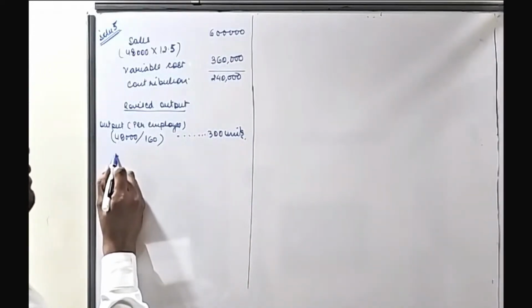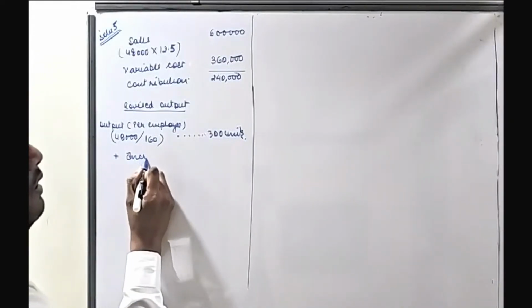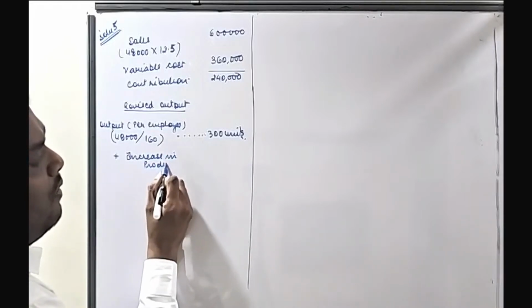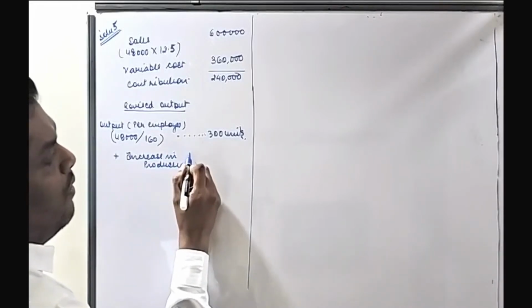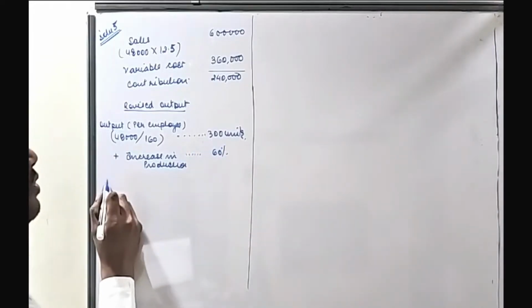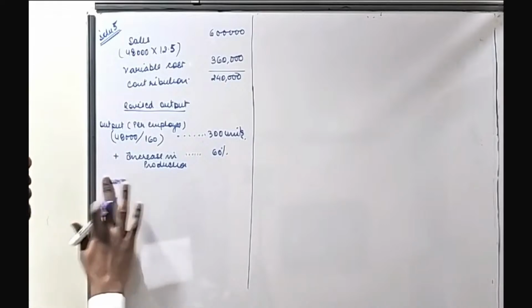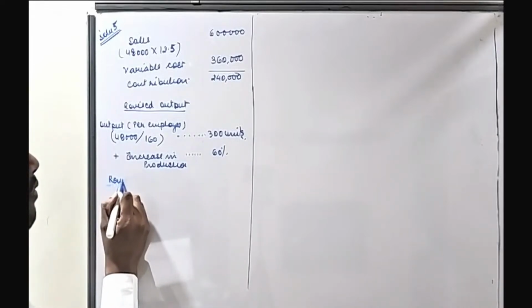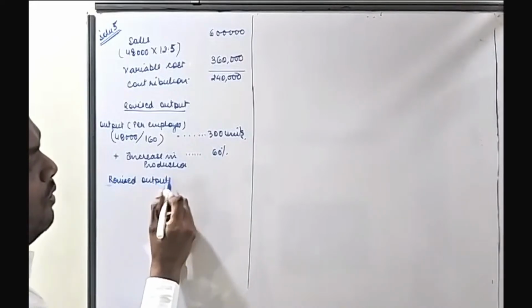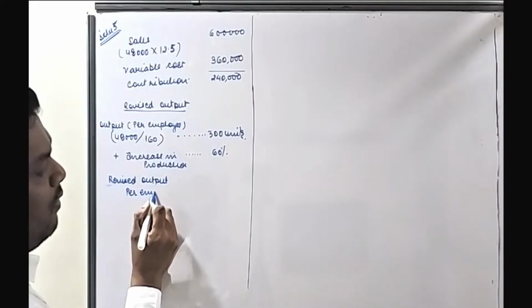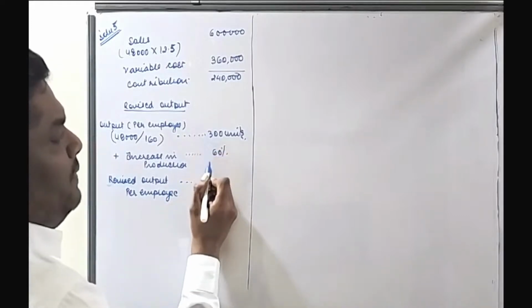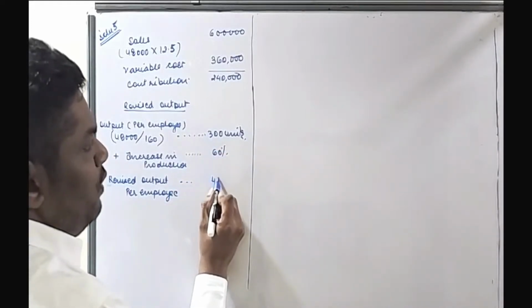Now, increase in production is 60%. So the revised output per employee will now be 300 plus 60%. So this will be 480 units.